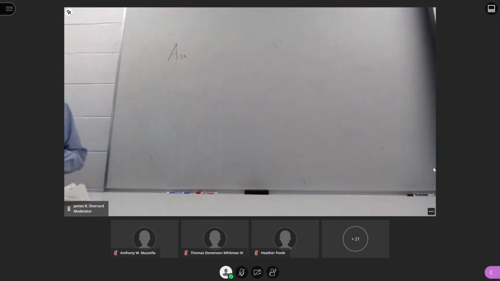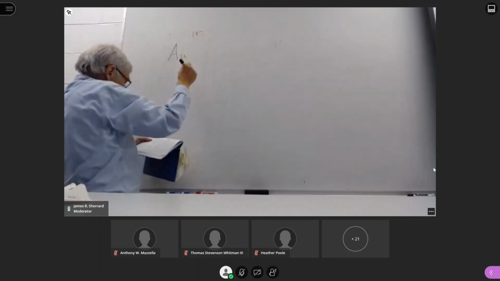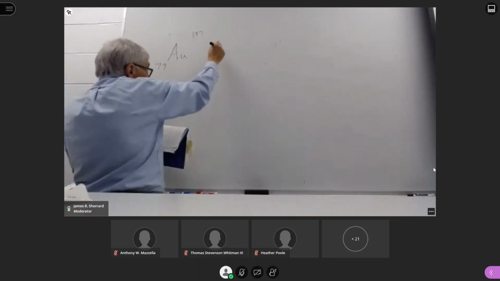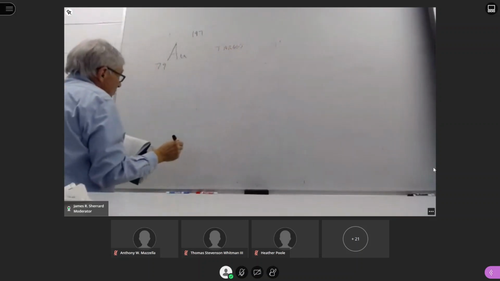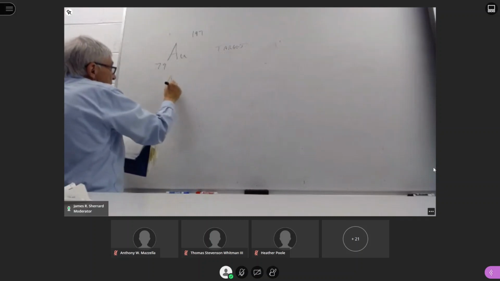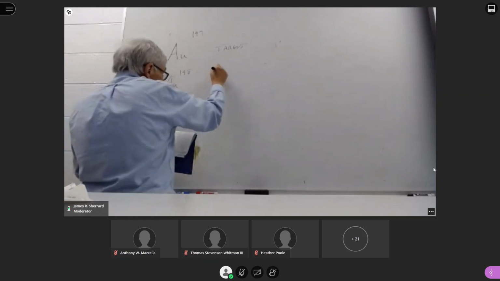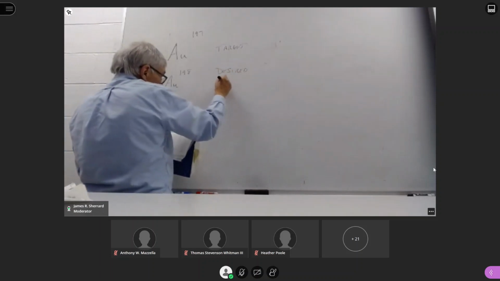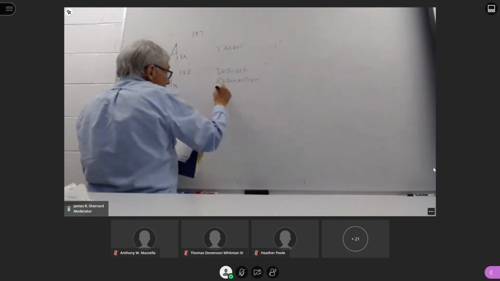So we're going to look at gold 197.79, and this is our target. We're going to create gold, this is our desired radioactive atoms.